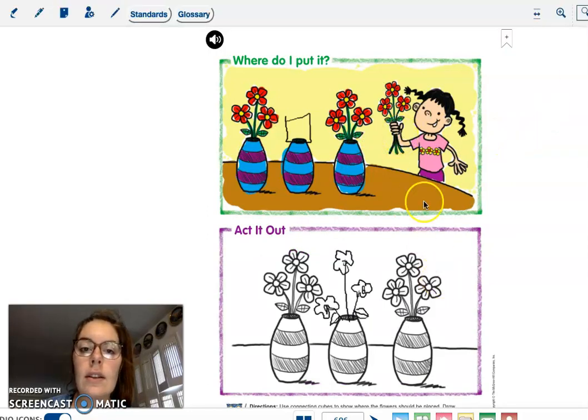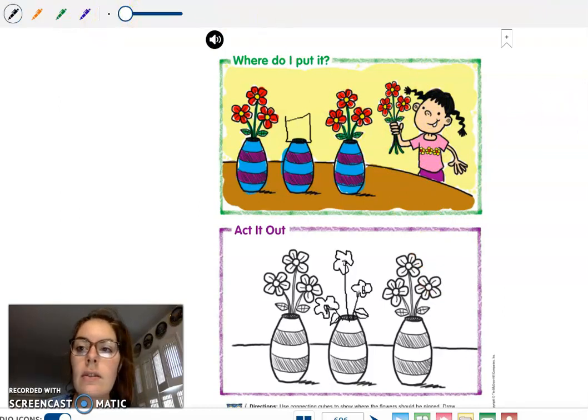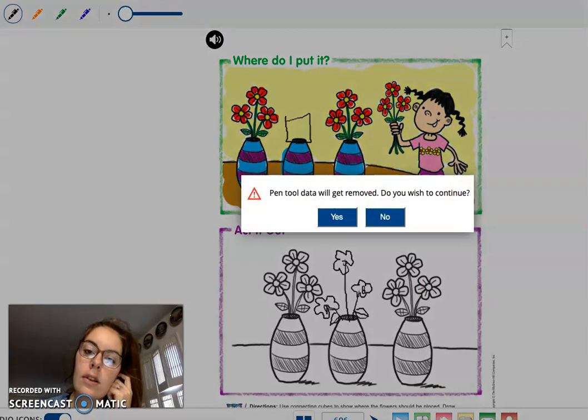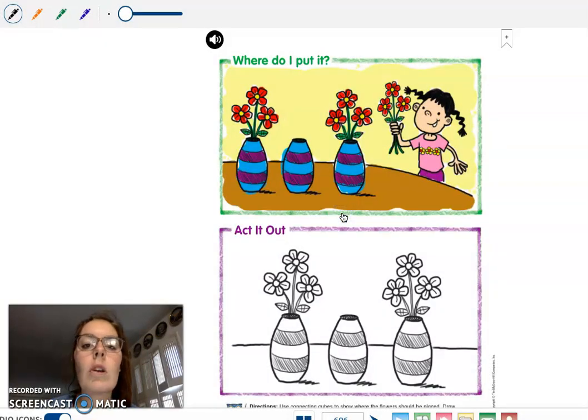Okay. I'm going to clear my work here so that we can draw it together. Okay. So we have some vases with some flowers and a girl with some flowers. So where do you think she would put her flowers? Do you think she would put them in the vase with flowers already?